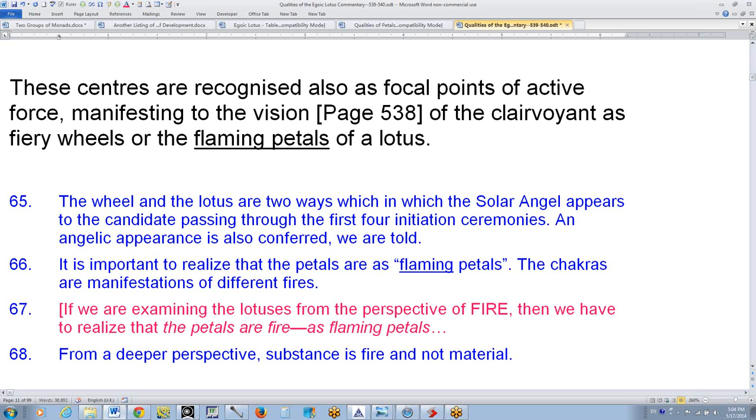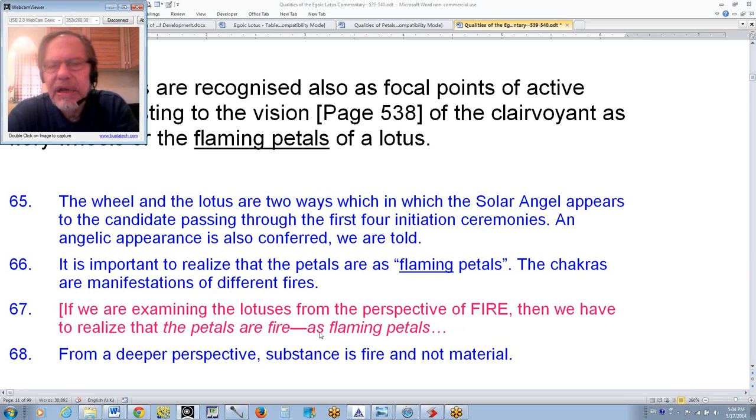So we tend to think substantially as if we were dealing with a concrete form here in the lower worlds, but no, we are actually dealing with inner radiant movement, which we can call fire.